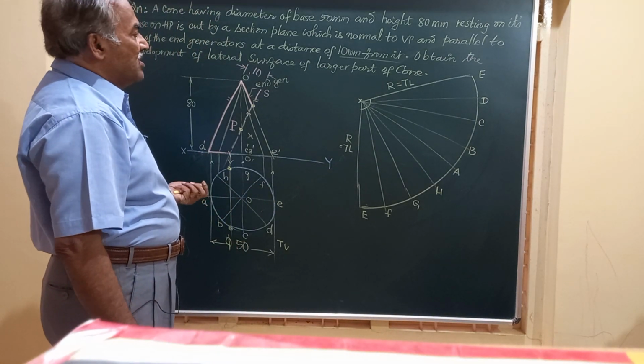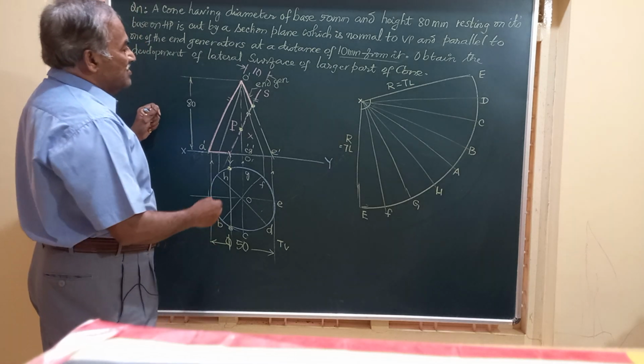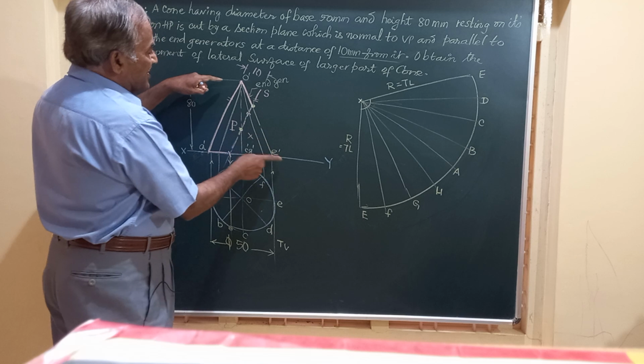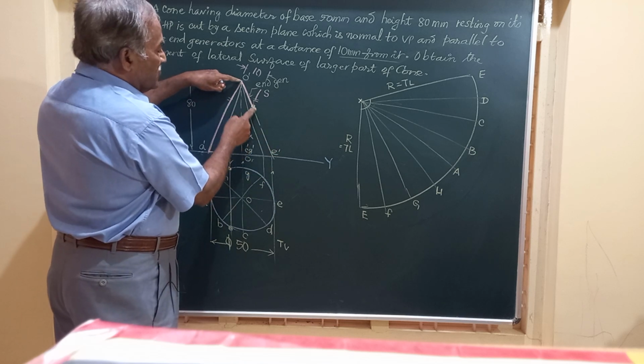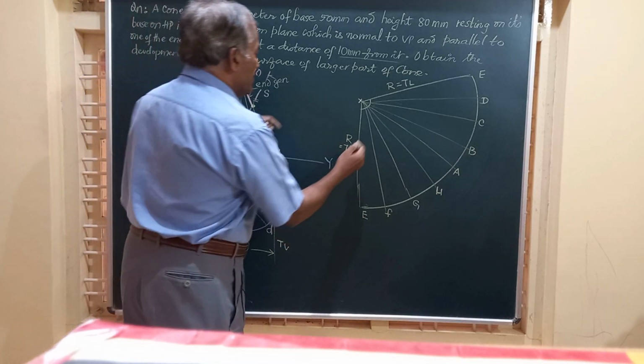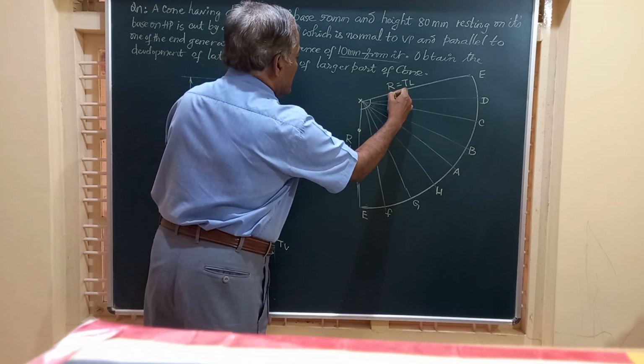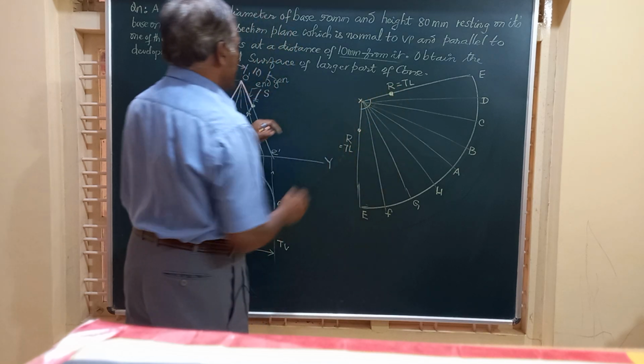Friends, now let us see where the section plane is cutting the solid. O dash A dash is cut here. This is the true length line. So take this measurement on OE, O dash A dash or OE. So I am taking this point, 1 point here, and on OE another point.